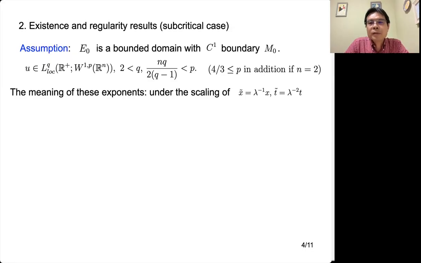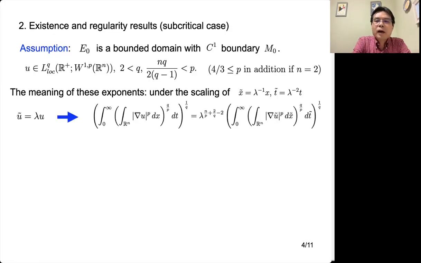Also note that u is more like a velocity, and velocity should behave like x over t. So the change of variable for u should be u tilde equal to lambda times u.